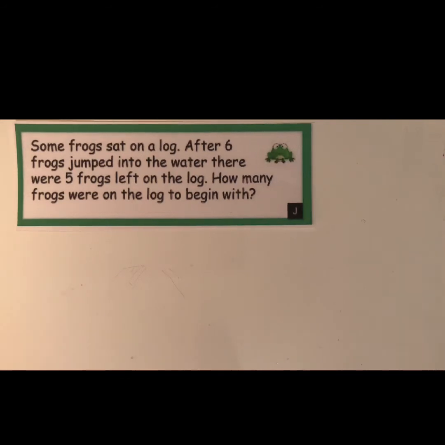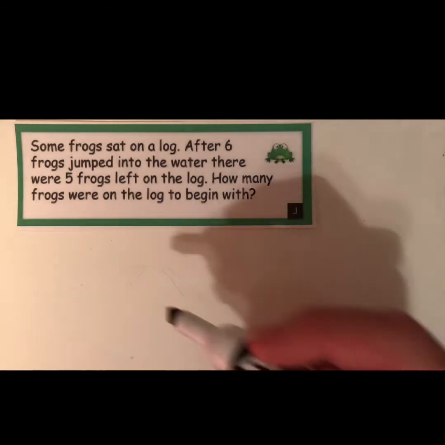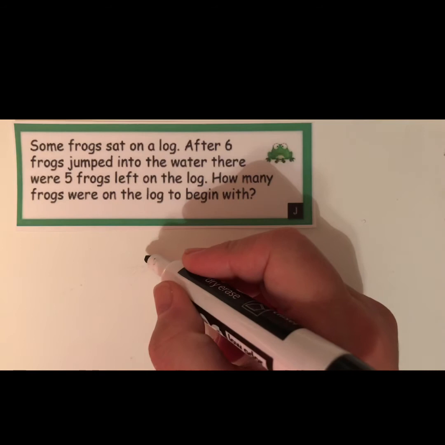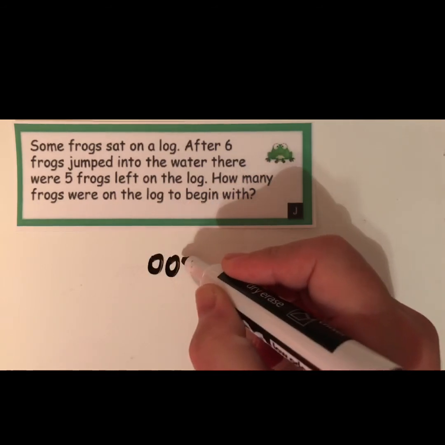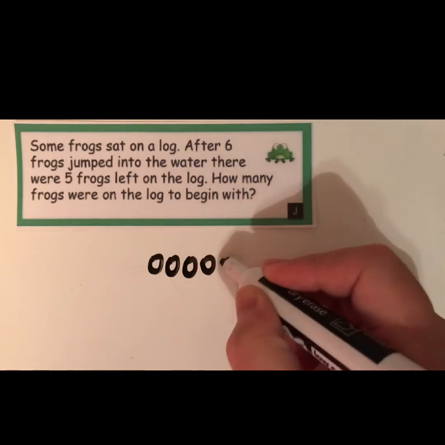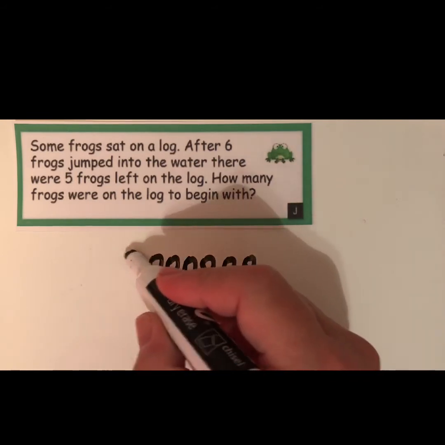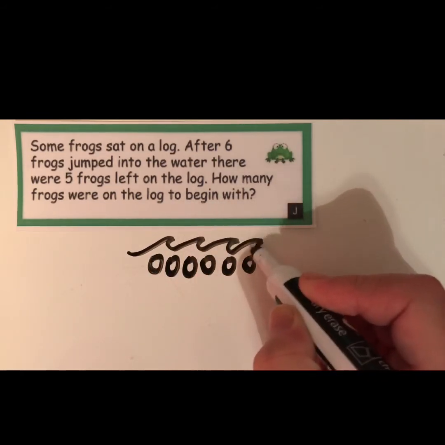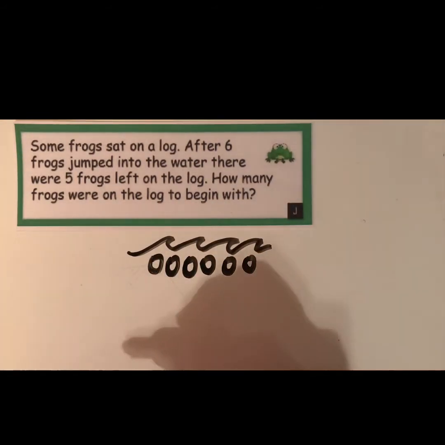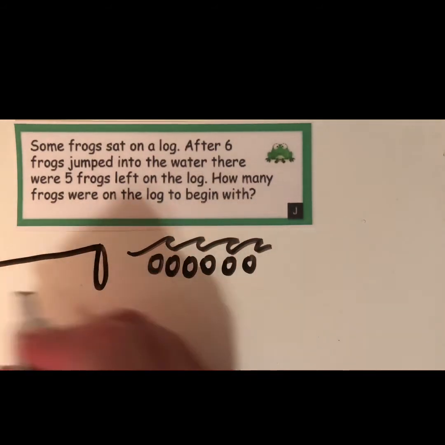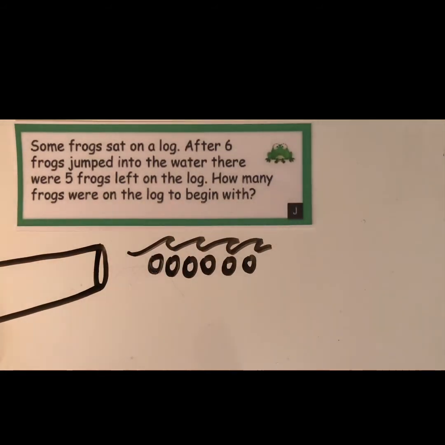Okay, here is how we work it out. Some frogs sat on a log. So I have 6 frogs that jumped into the water. 1, 2, 3, 4, 5, 6. These are frogs that jumped into the water. See, I'm putting those watermarks to say those are the frogs that are in the water now.